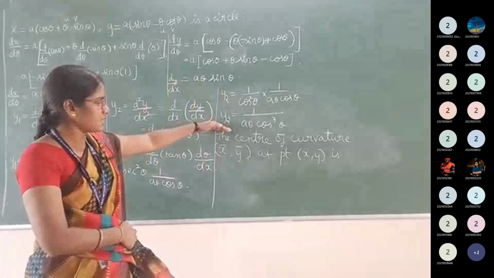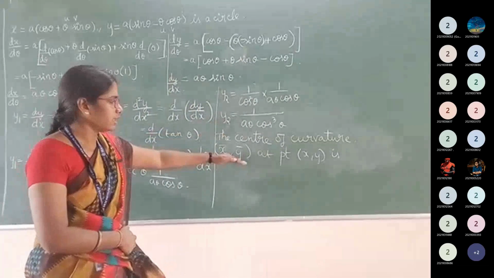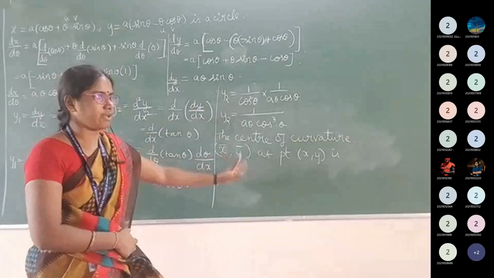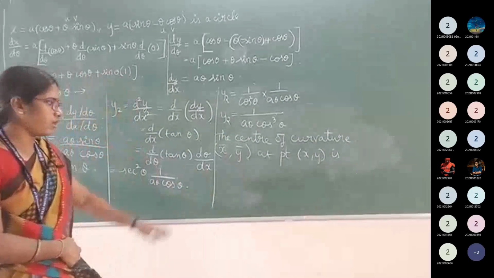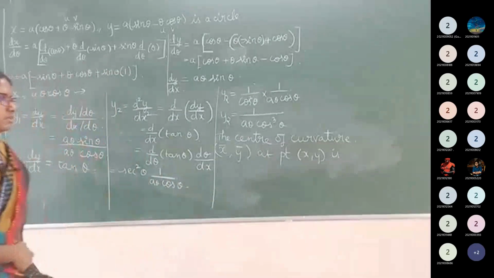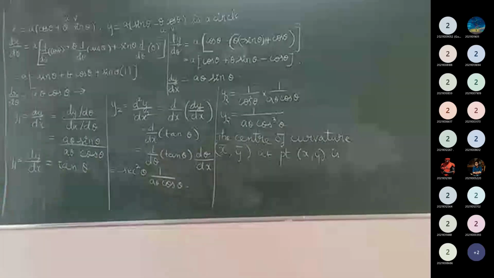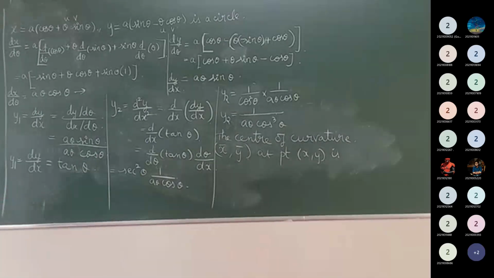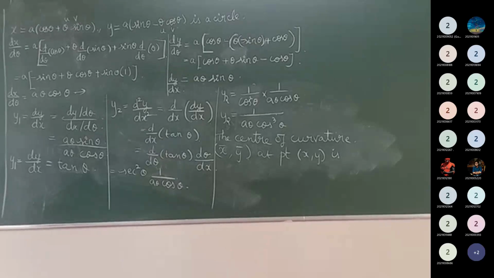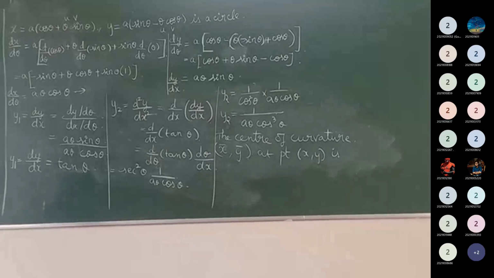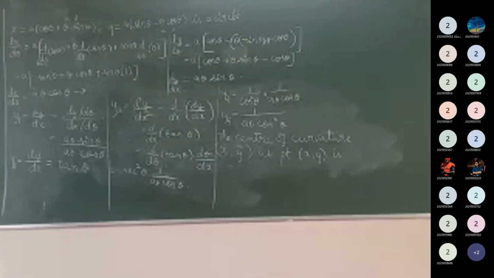Here we stop this and continue the steps for calculation of x bar and y bar. Write your x bar formula and write your y bar formula. Substitute the terms for which you know the values of y1, y2.